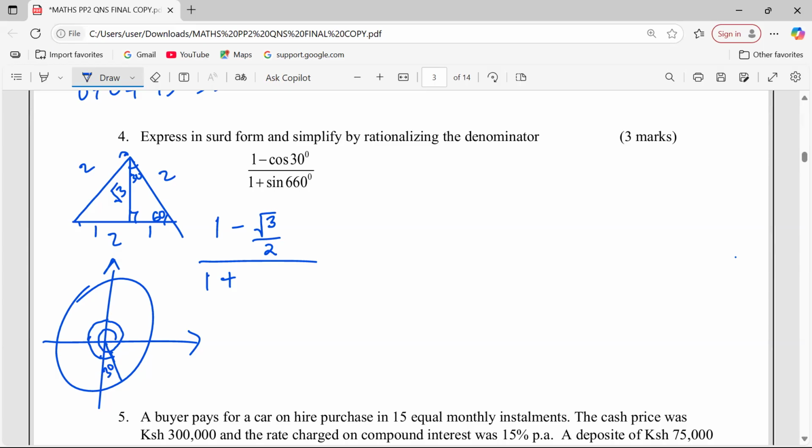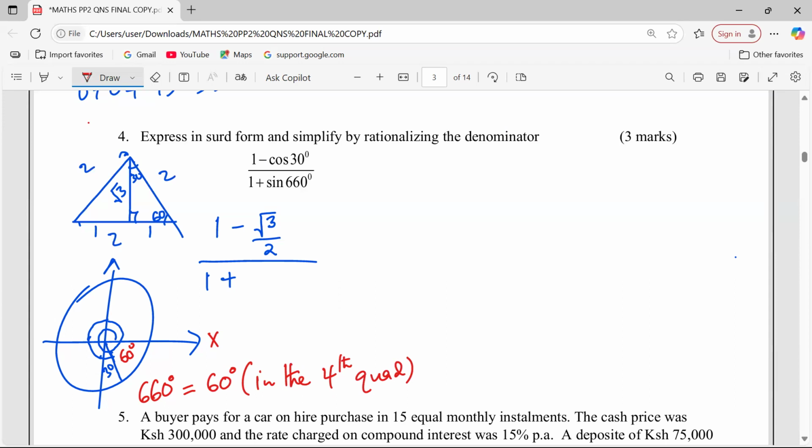Therefore, the acute angle that we consider now is the one measured from the x-axis. So we consider this 60. 660 is equivalent to an acute angle of 60 in the fourth quadrant. Very important to know the quadrant.